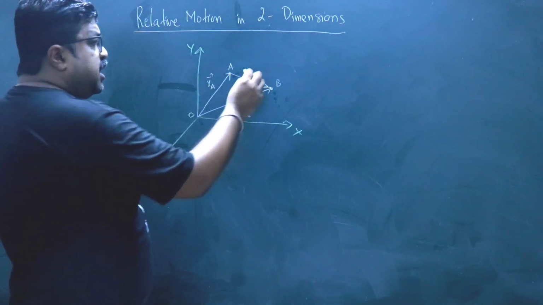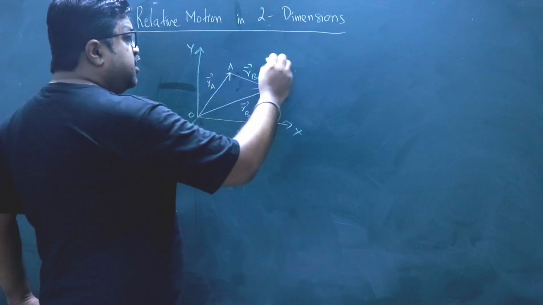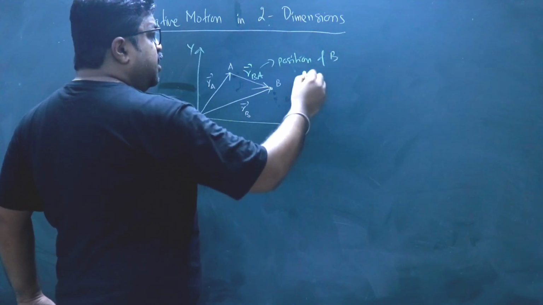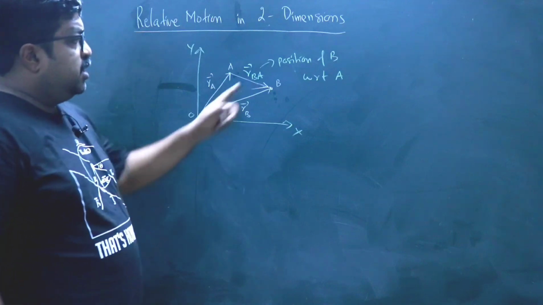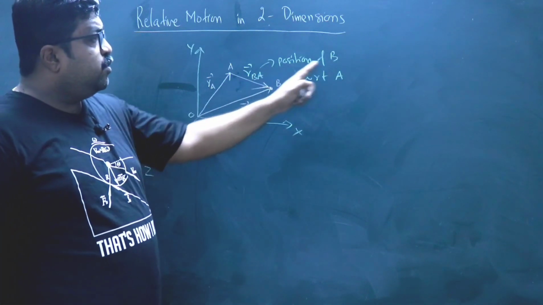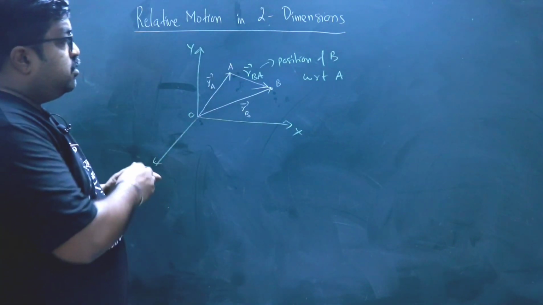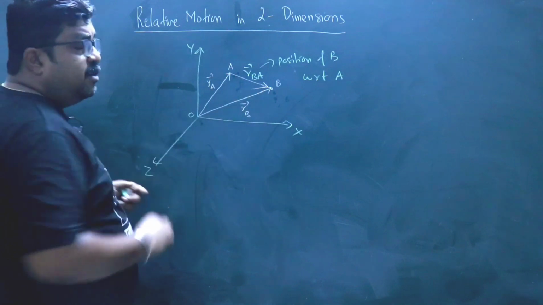Okay, so this is RBA. So this is position of B with respect to A, because the vector is drawn from A to B. Now this is a triangle.